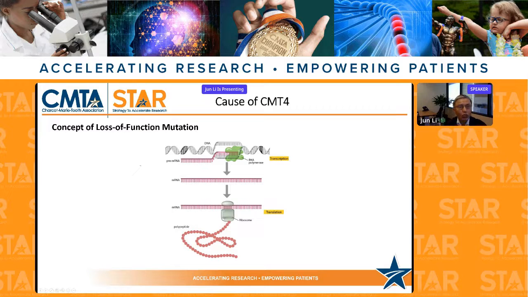In CMT type 4, mutations affect both copies of the gene and typically either eliminate the translation of the protein, meaning you don't have the protein at all, or significantly reduce the amount of protein being made. So we call it a loss of function mutation.